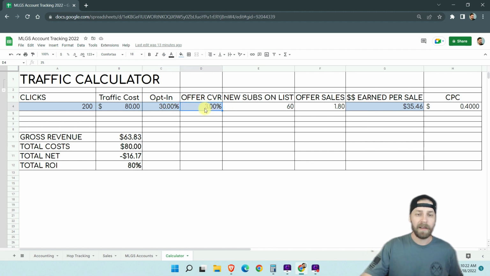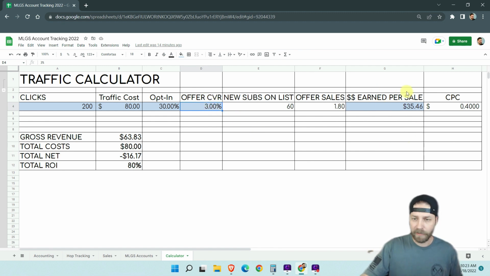After those people opt in, they are taken to the offer, and there is a percentage that actually convert right away. That is based on numbers, so 3% is probably an average percentage based on the quality of the offer. I would say this is a good quality offer if 3% are actually buying.